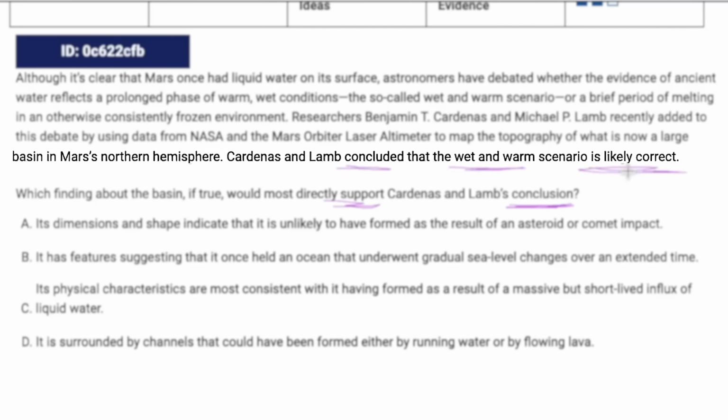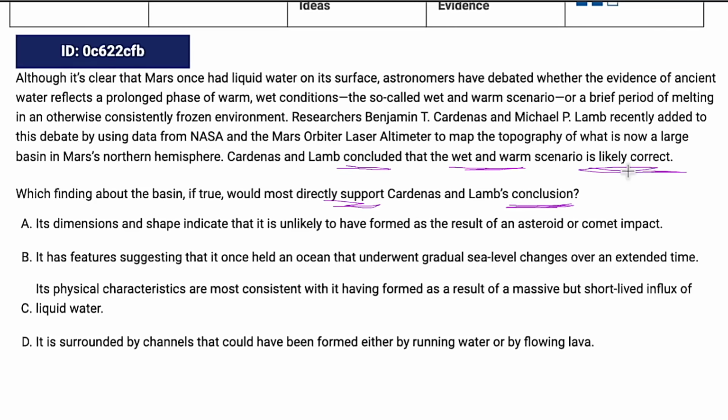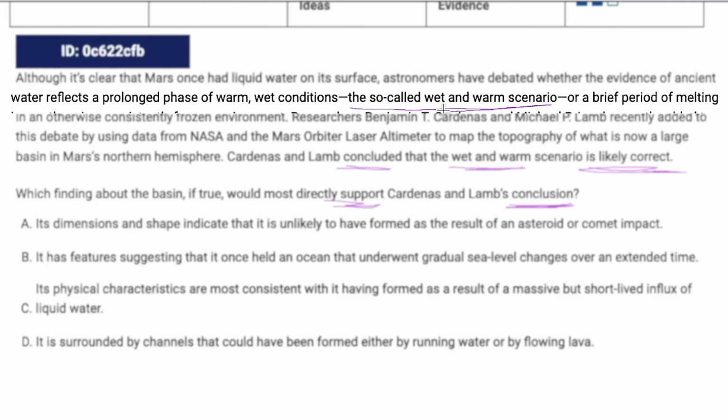And then from here, for these types of questions, if that's enough to go off of, I would start getting rid of answers. Just scanning the answers, I don't actually see wet and warm anywhere. So I need to know what it is before I can start eliminating answers that have to do with it. So now I'm skimming from the beginning, looking for the so-called wet and warm scenario. Boom.